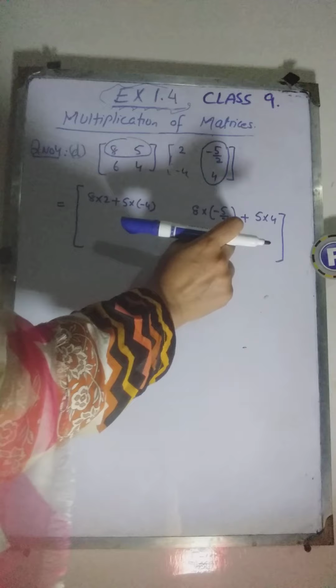Now multiplying the second row with the first column. We have multiplied the first row with the first column, then the first row with the second column. Now we are going to multiply the second row with the first column and then with the second.